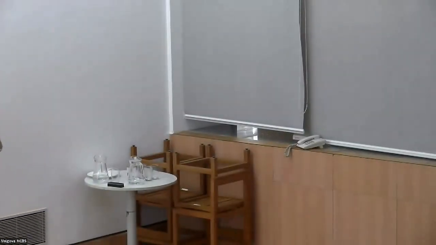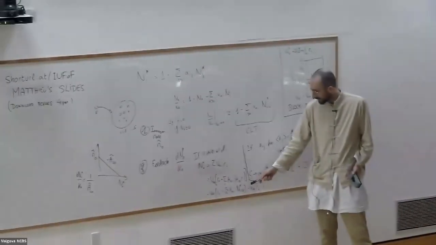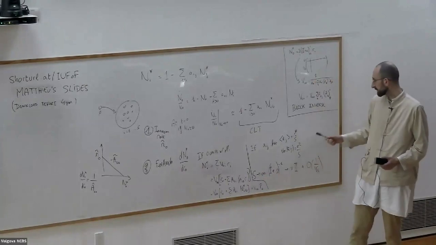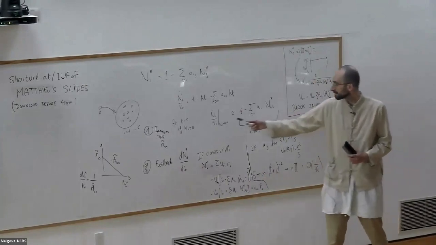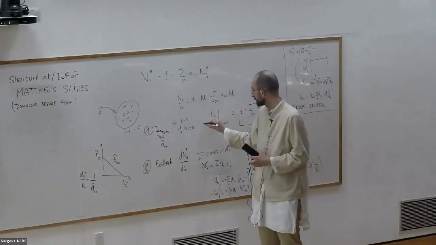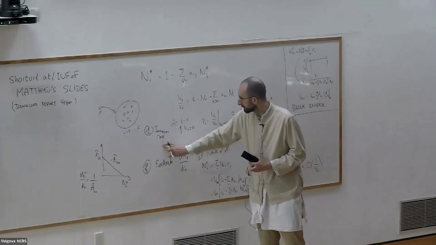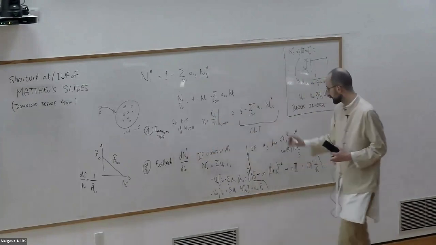You will note that this derivation tells me what I said before: R tilde 0 is given by the central limit theorem. Here, this is R tilde 0, so I know what it is.